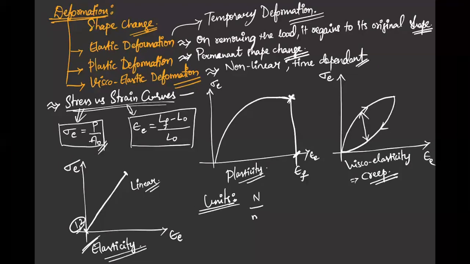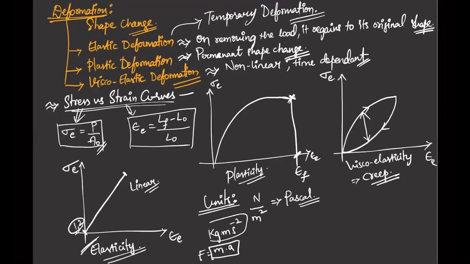That is Newton per meter square, usually called Pascal. If you want to break it down, what is Newton? Newton is kg meter per second square, that is mass into acceleration. This is your force, correct?